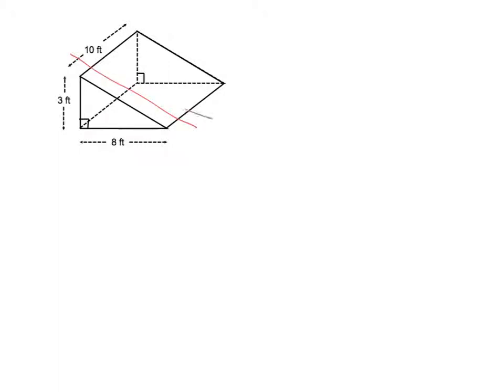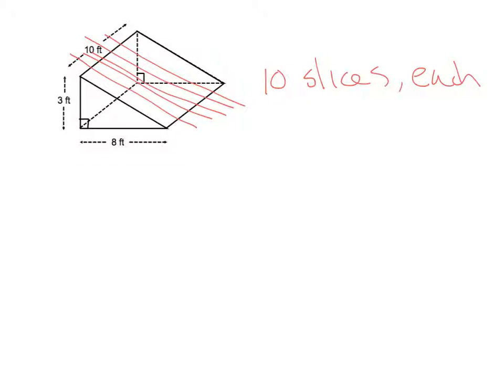You need to realize that if you slice it like this, and of course I can't slice it thin enough to do it, there's going to be 10 slices because it's 10 feet deep. 10 slices, each of which is a triangular prism that's 1 unit thick. Each is 1/2 times 3 times 8 times 1 unit thick.